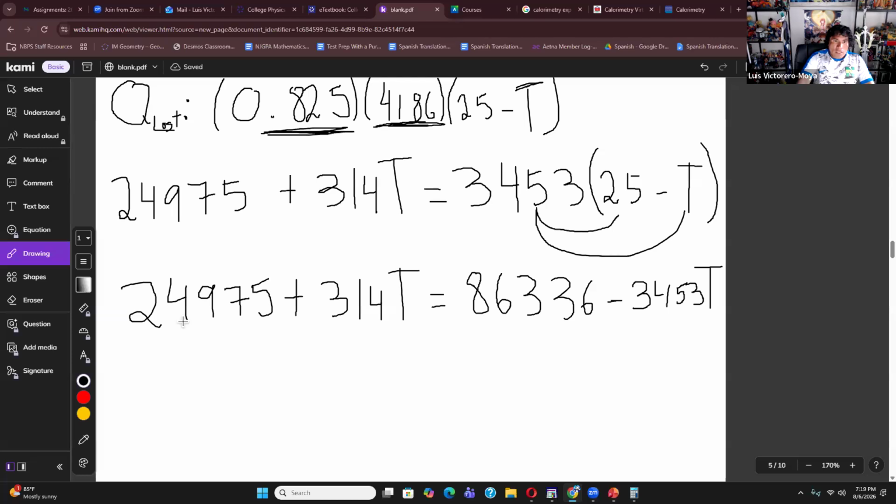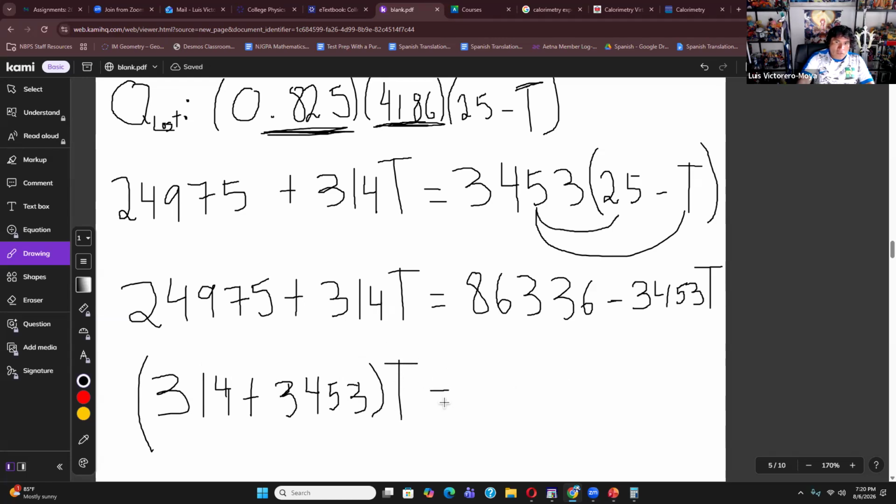So then this number goes to this side, this number goes to this side, so you have this 314 plus 3,453, all multiplied by temperature equals this number minus this number.